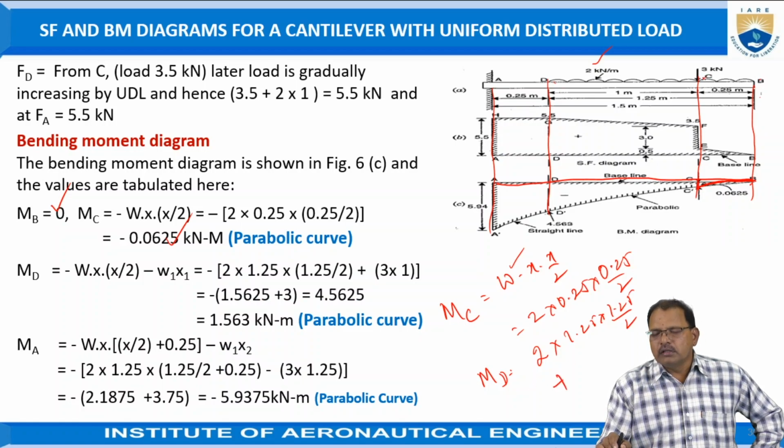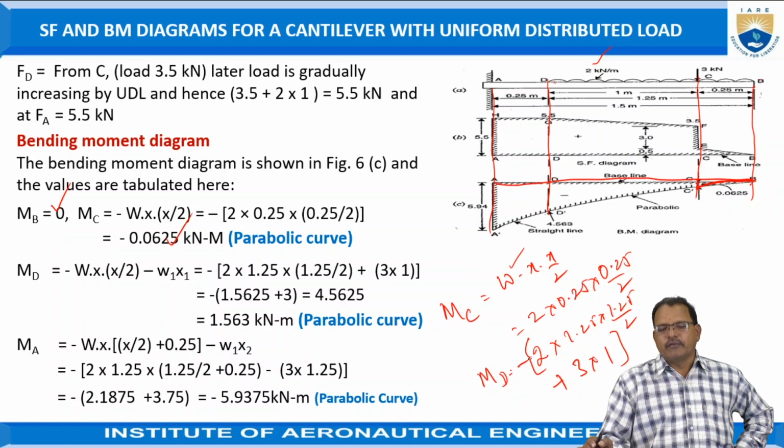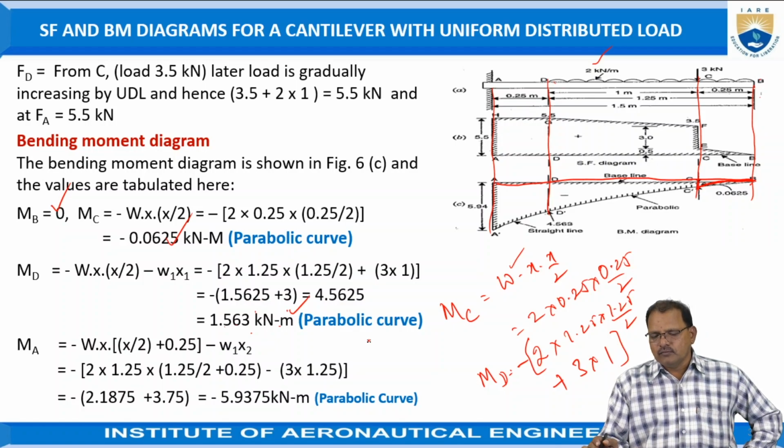Again, the point load is also there, 3 kilonewtons, that is 3 into 1. This entire thing is negative because of hogging effect. So this value is equal to 1.2563 kilonewton meter now.